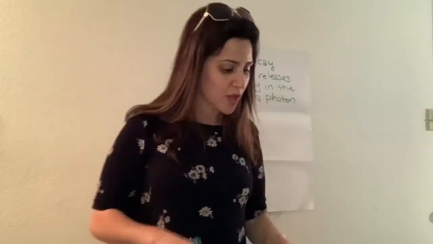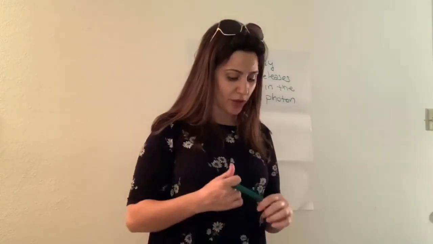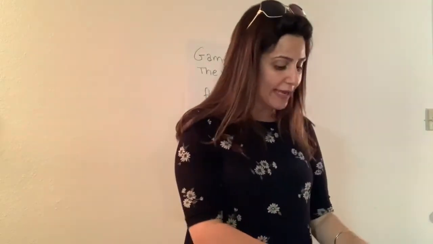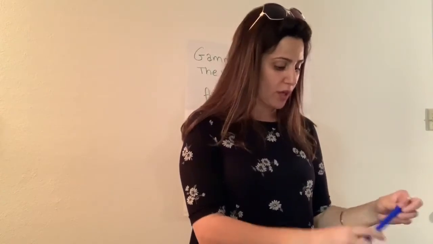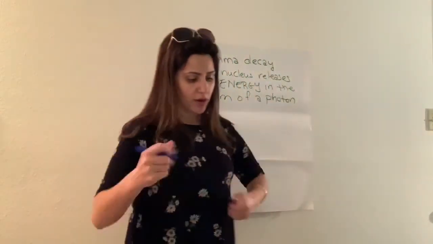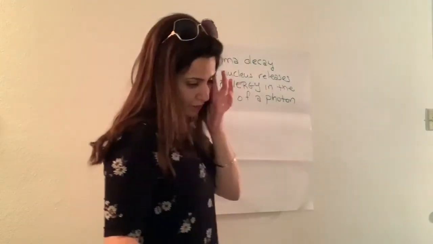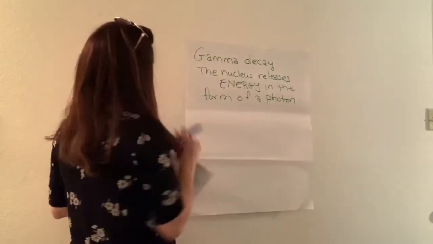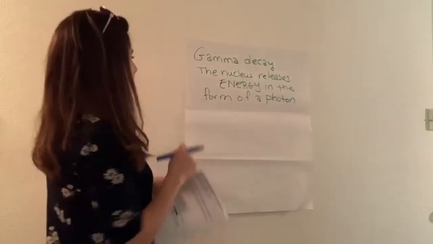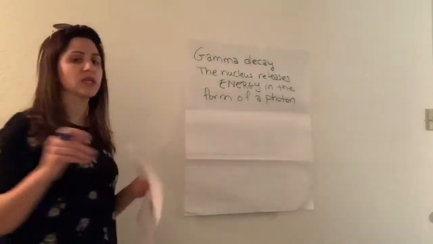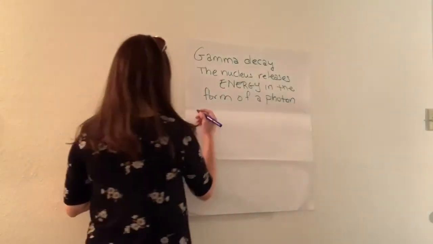That's it, okay? So there are two scenarios where gamma decay will occur. There are two times where this will happen. Actually, before we get into the two scenarios, I want to talk a little bit more about gamma radioactivity.